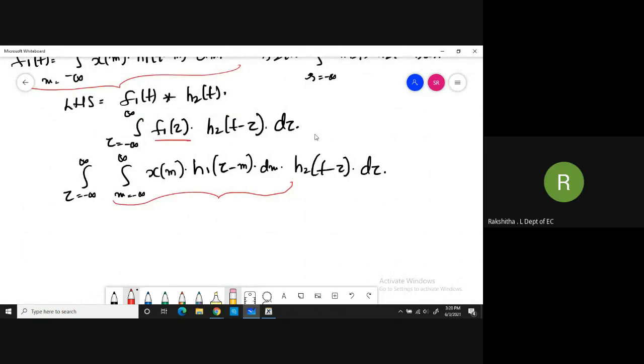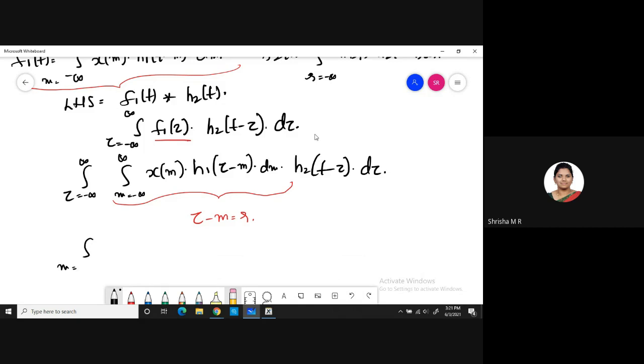So tau minus m is equal to r. Okay, this tau minus m, I'll replace it with some variable r. So if you replace it with r, first let us rearrange this.